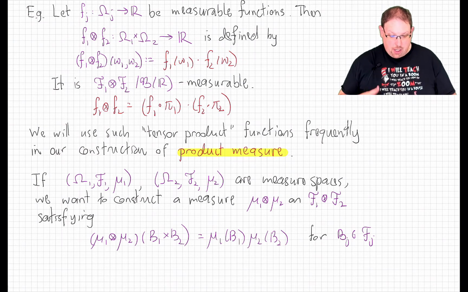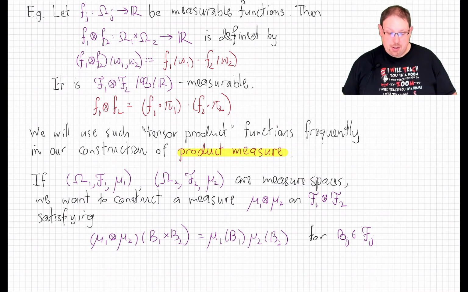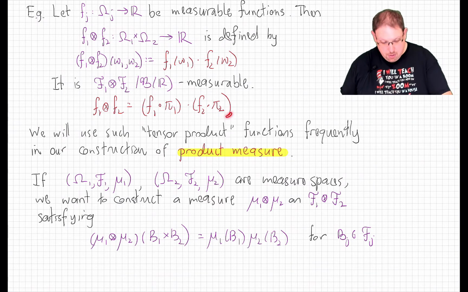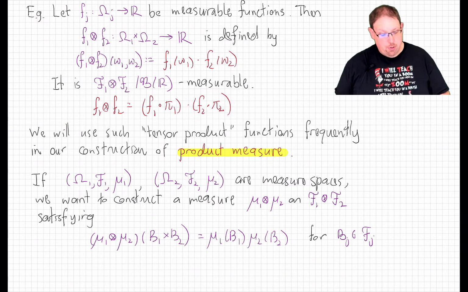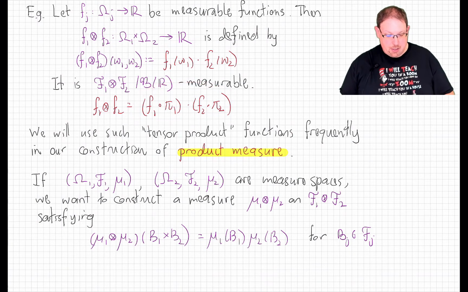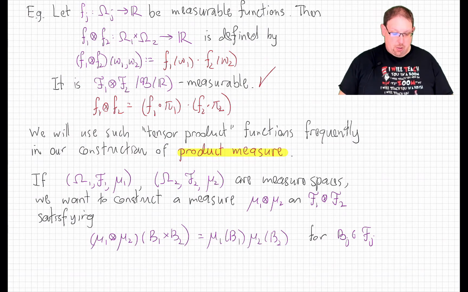Individually, they are constant in the other variable. Now I take their product, and that's what the tensor product is. But we know from definition that pi 1 is appropriately measurable, compositions are measurable, and products of real-valued measurable maps are measurable, and so this one is indeed appropriately measurable.